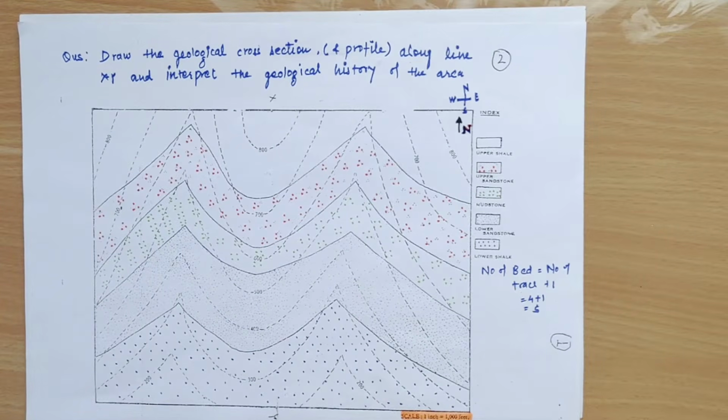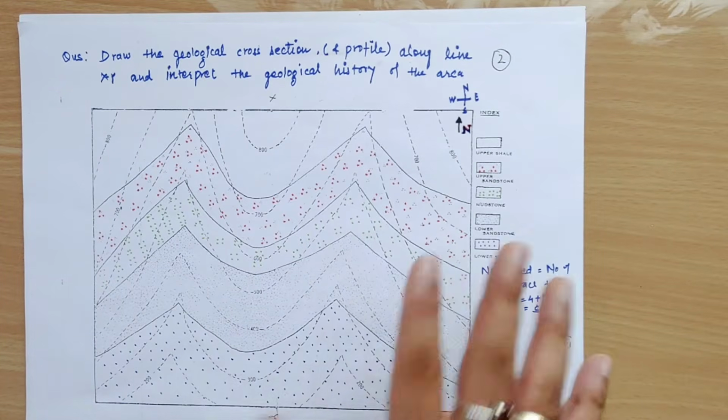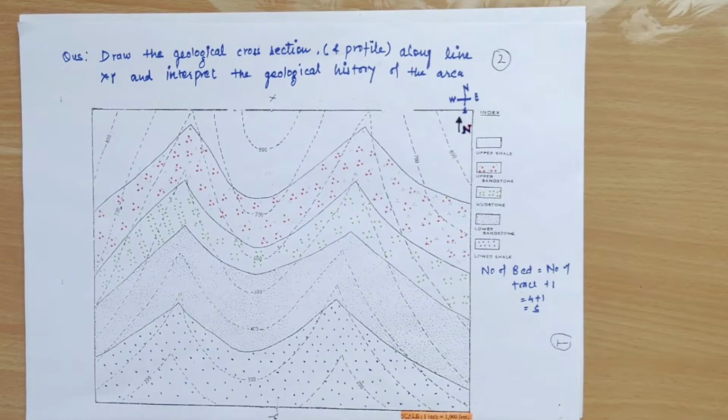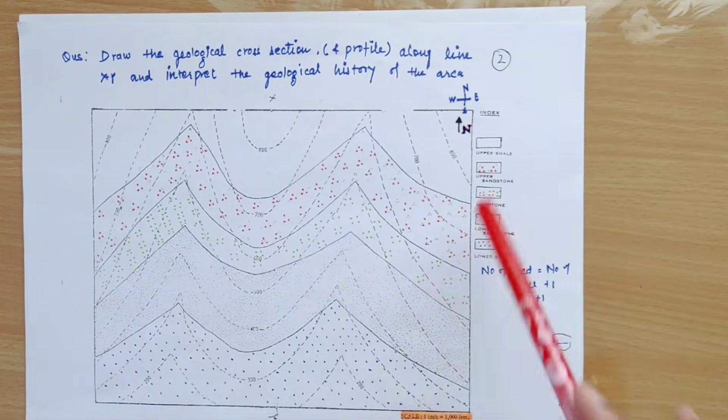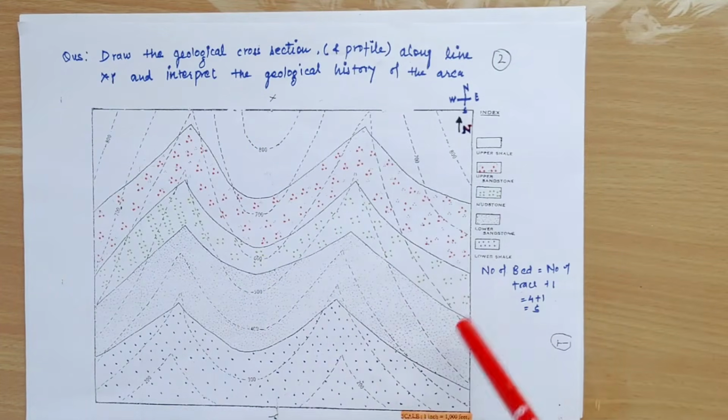But before determining the dip, we now know that this area consists of 5 simple dipping beds. There are no structures appearing in this particular area, so this area is simply composed of 5 simple dipping beds.